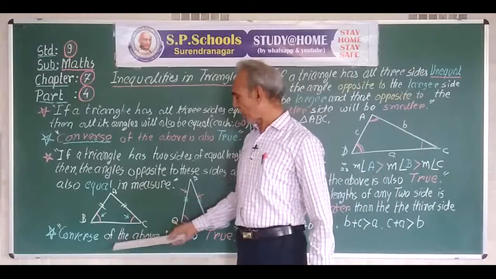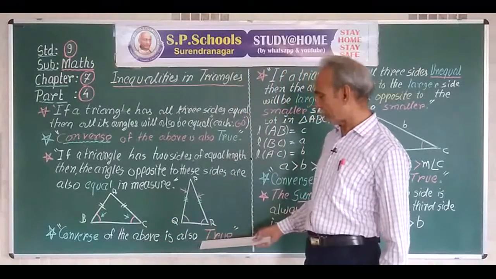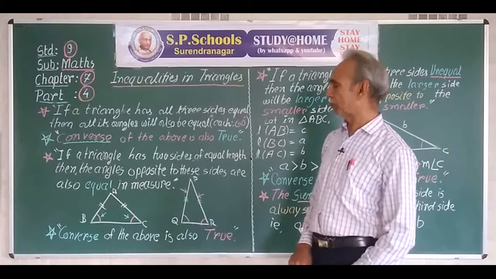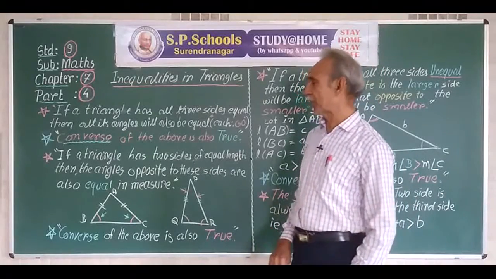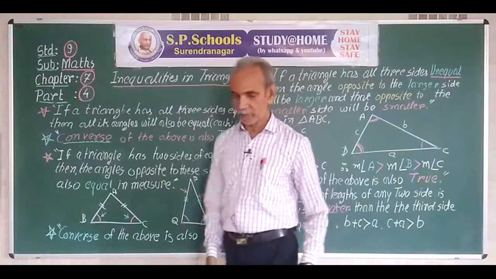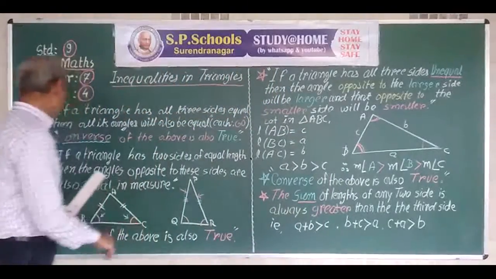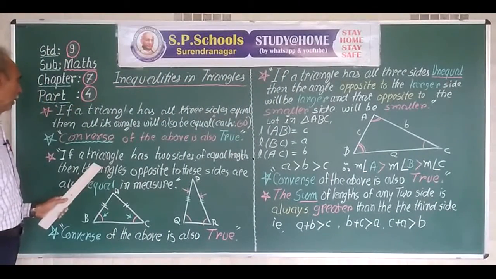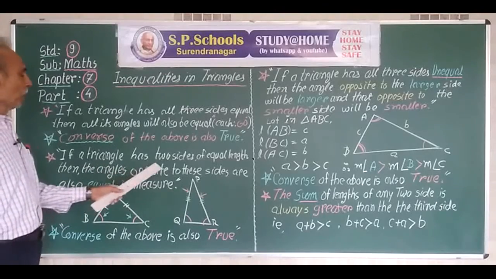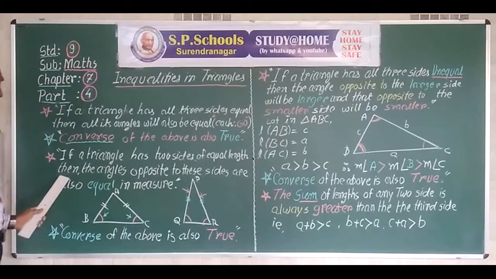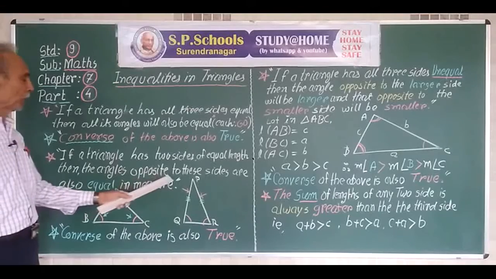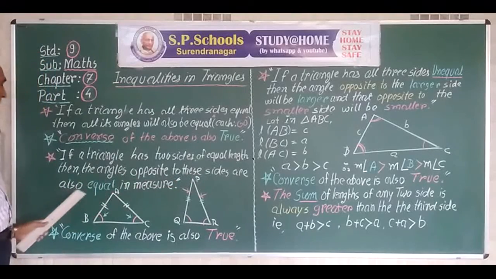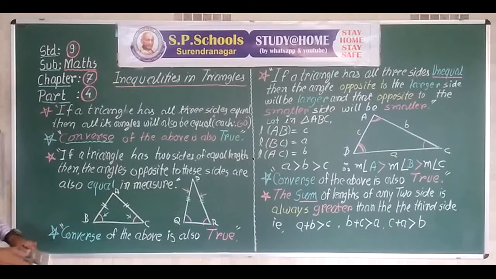And the converse of the above statement is also true. What is the converse? We have the statement: in a triangle, if it has two sides of equal length, then the angles opposite to these sides are also equal in measure.